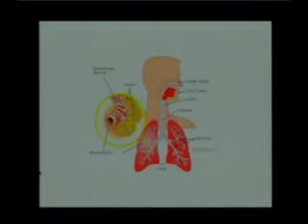And the alveoli, this little cluster of almost grape-like things here, the alveoli are where the O2-CO2 exchange takes place. The alveoli are little air sacs out there, and they are surrounded by blood vessels that will give up CO2 and pick up O2. So that was just a picture of the respiratory tree.